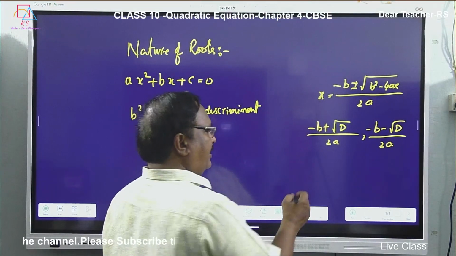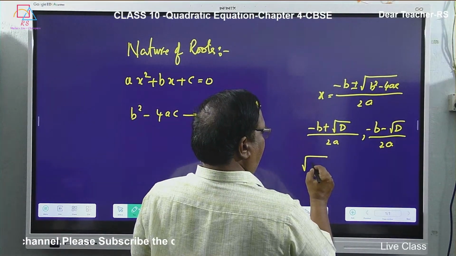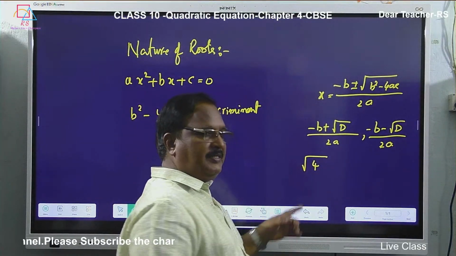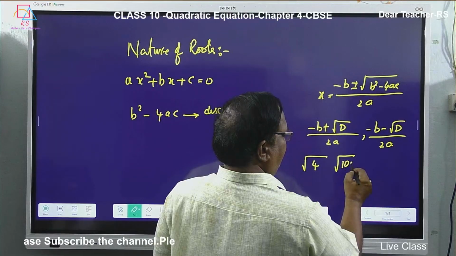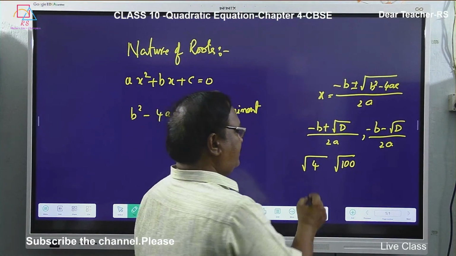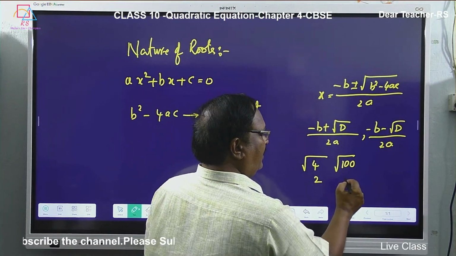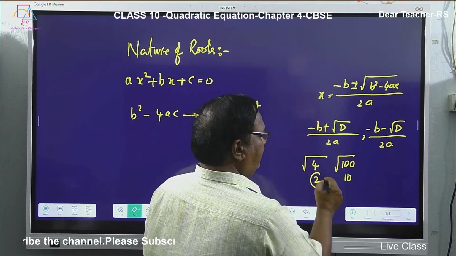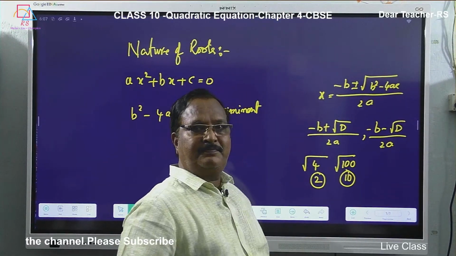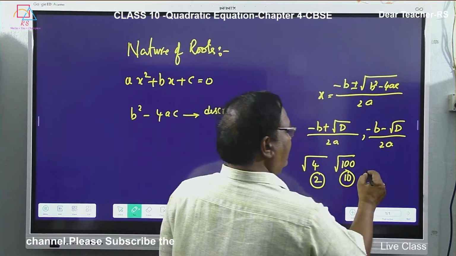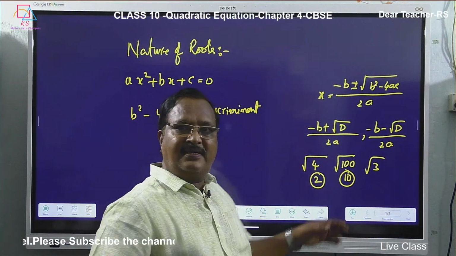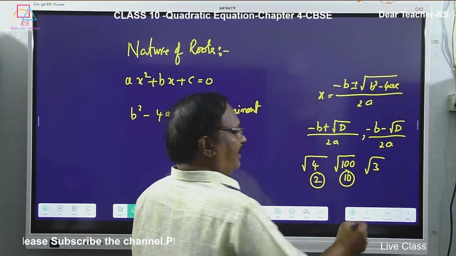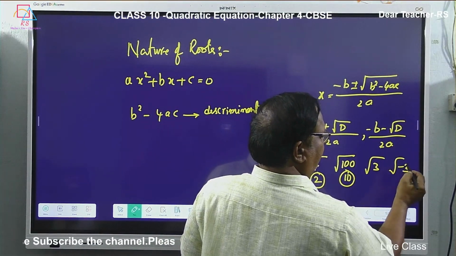Under root, for example, 4 is there. That means a perfect square. Under root 100 is there, also a perfect square. So 4 will become 2 and 100 will become 10, so they are rational numbers. Suppose under root 3 is there, root 3 is irrational.